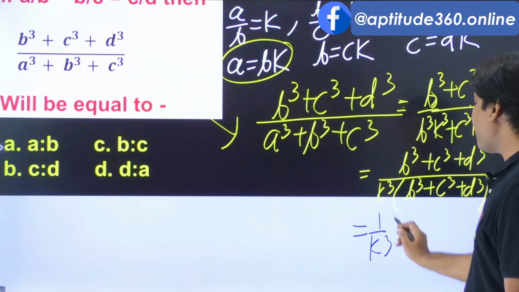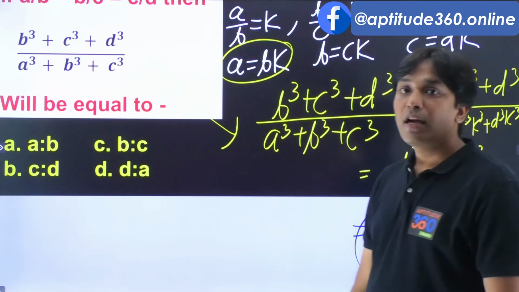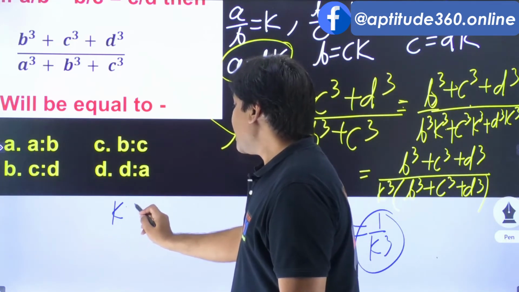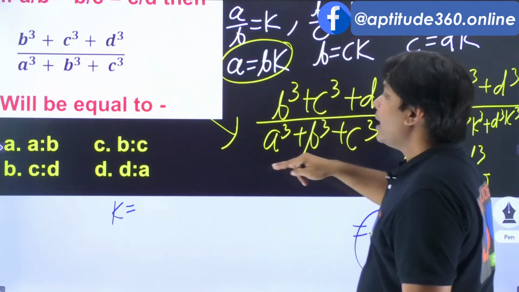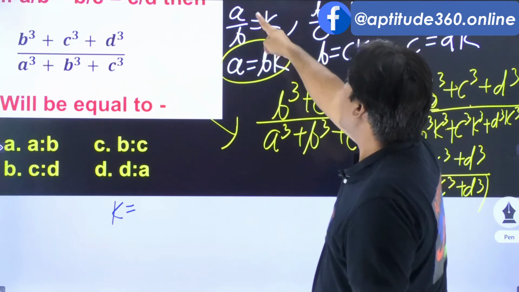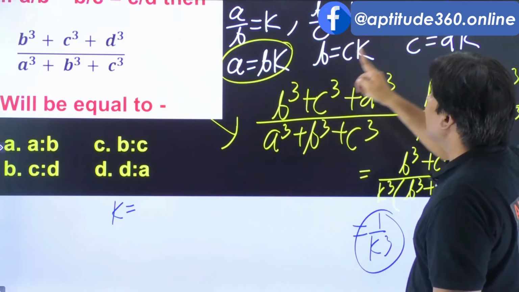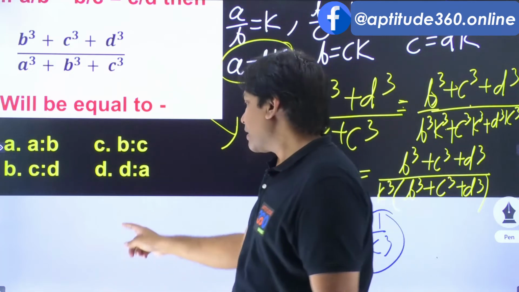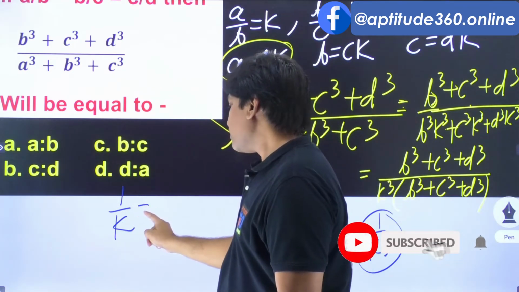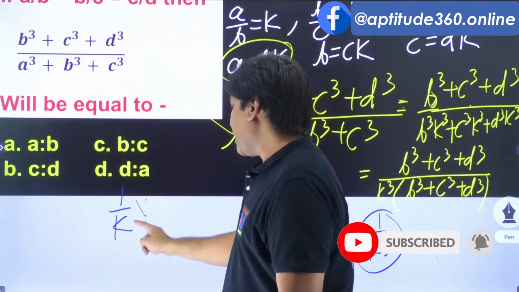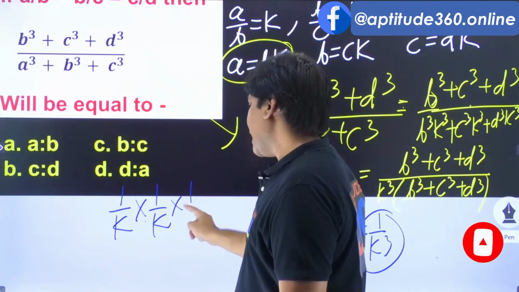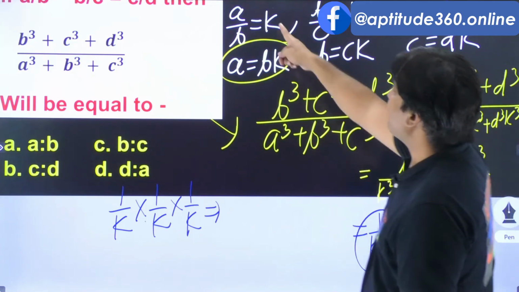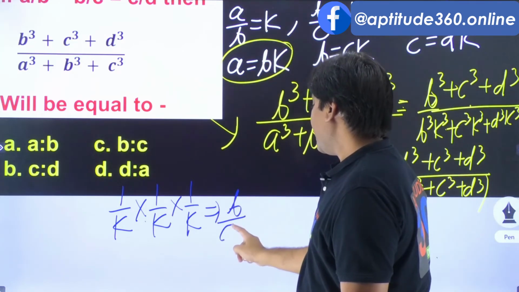अब ये 1 by k cube तो कोई आंसर दे के रखा नहीं है. 1 by k cube is for our understanding. तो हमने k क्या लिया? हमने k को लिया यहाँ पे a by, what is this? a by b, b by c. So अगर ये पहले वाले से, because जो वैल्यूज है वो a b c के टर्म पे देकर रखा हुआ है, तो 1 by k cube is what? 1 by k into 1 by k into 1 by k. यही तो कुछ होगा. और अगर 1 by k लिखना है पहले वाले से, तो it is going to be what? b by a.